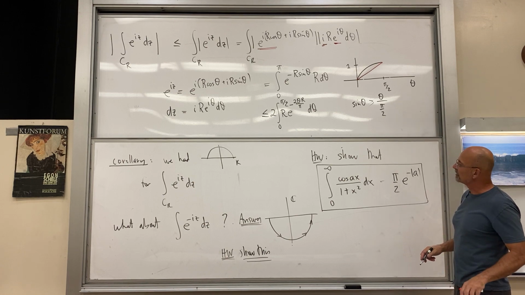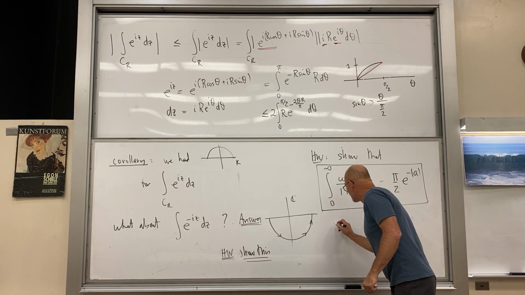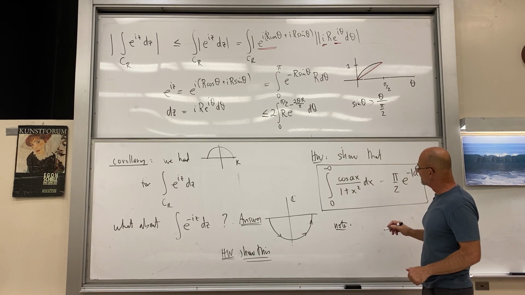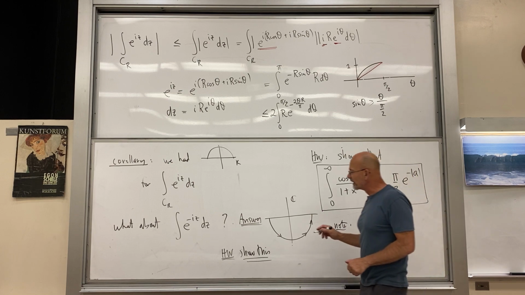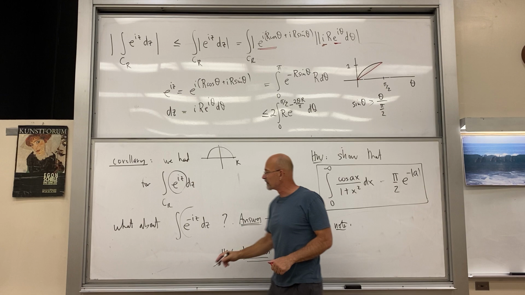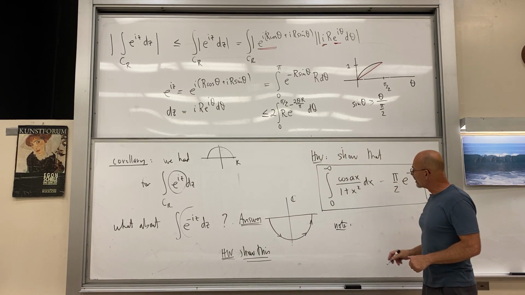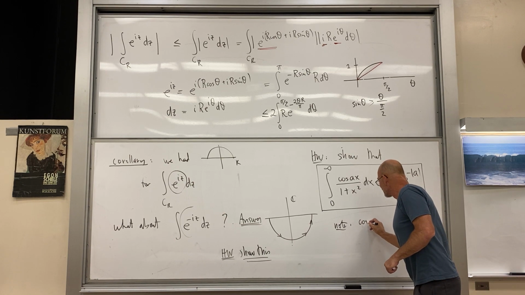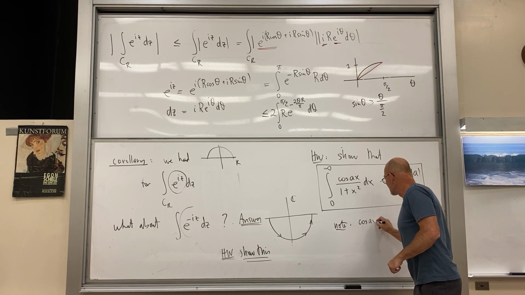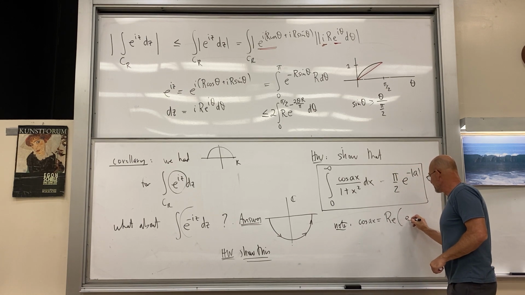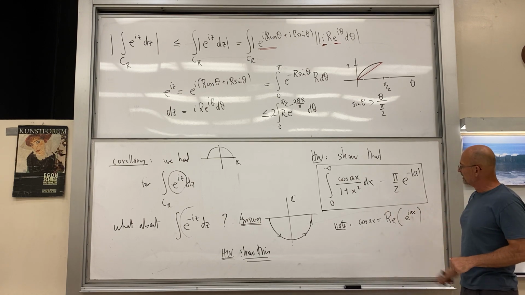Yeah, and then there's a couple of ways to do this. You can say, well, my cosine ax is the real part of e to the iaz, or z.